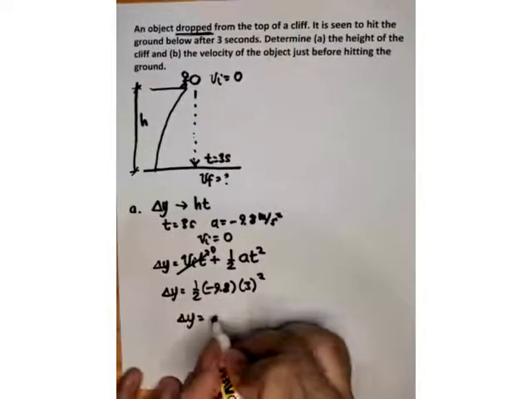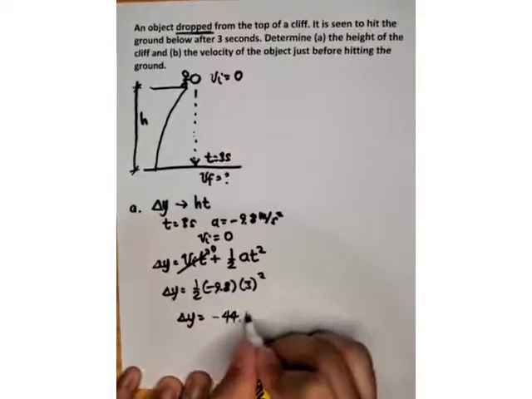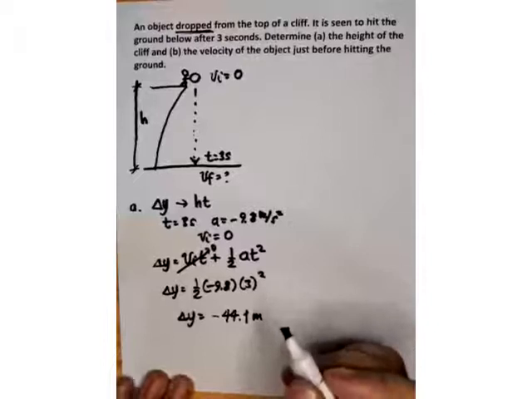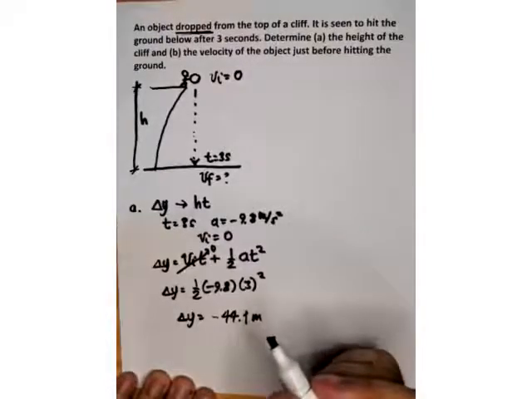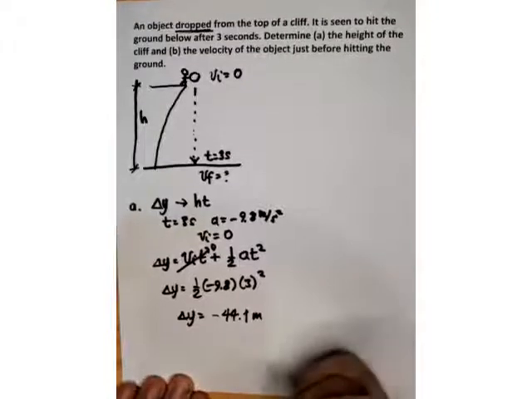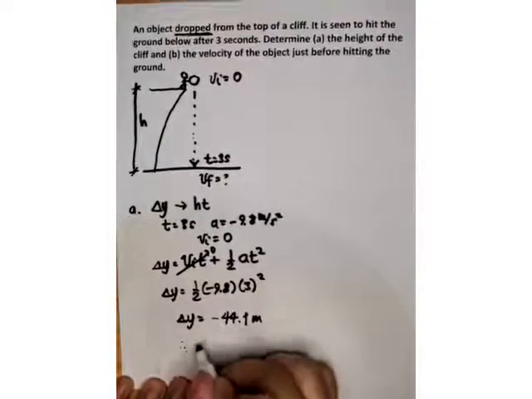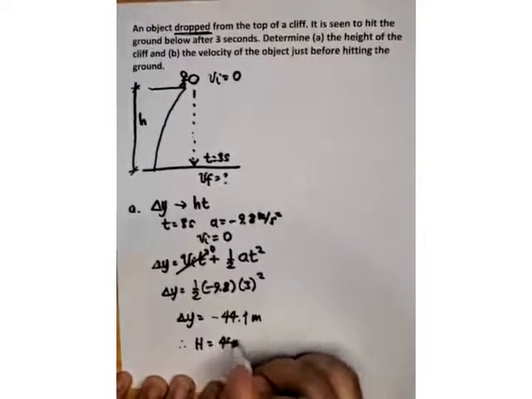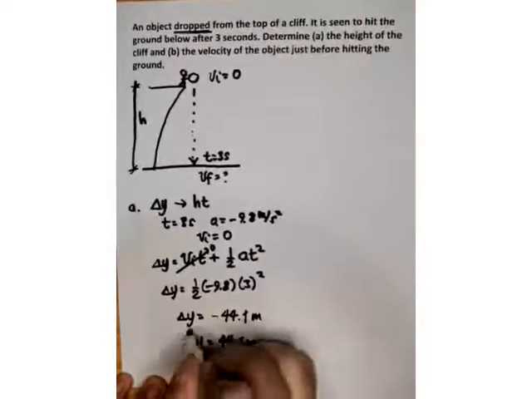Okay, it's negative 44.1 meters. Is this the final answer? Okay, class. What we are looking for, therefore, you conclude, the height of the cliff is 44.1 meters.